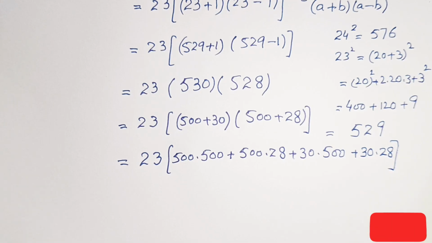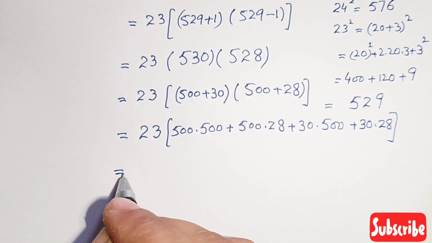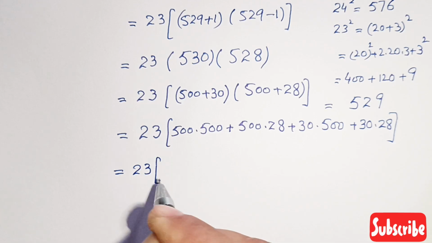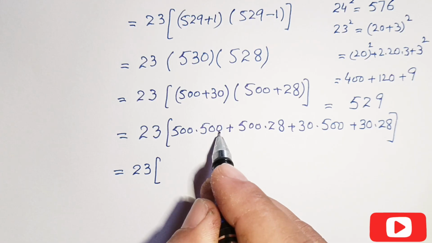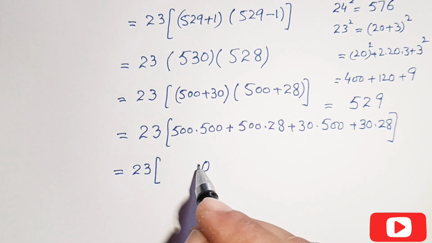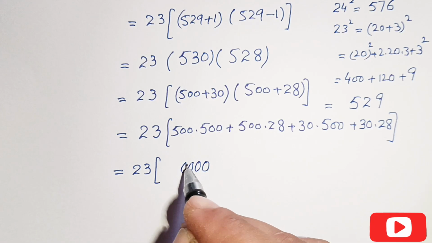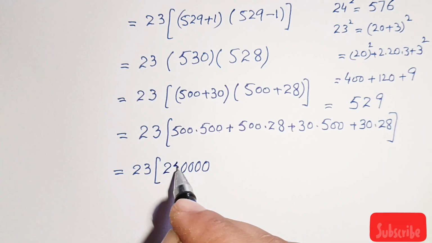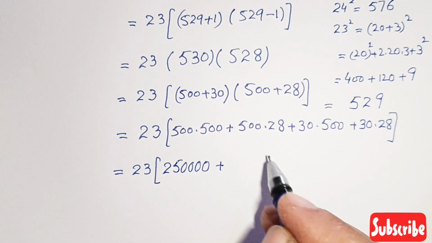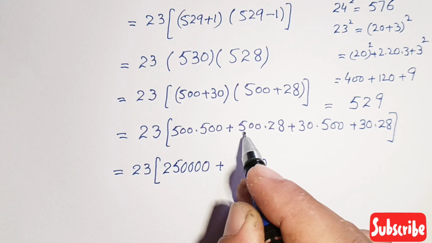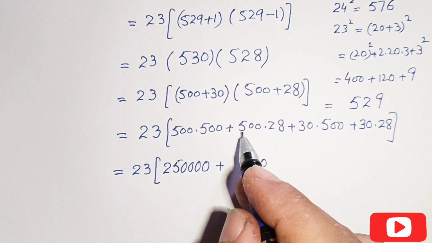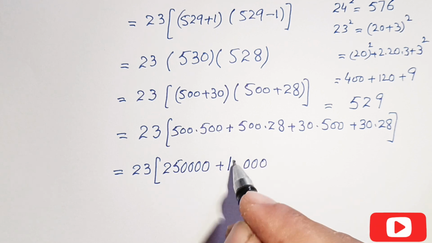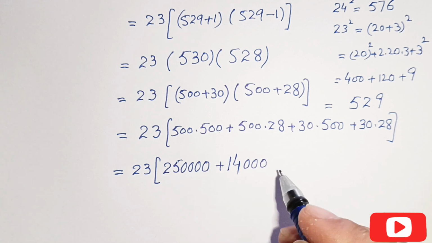Now, 500 times 500: we have 4 zeros, so first we write 4 zeros, then 5 times 5 is 25. Similarly, 500 times 28: we have 2 zeros, so 5 times 8 is 40 and again 0, 4 carry, 5 times 2 is 10 and 4 is 14, we get 14,000.